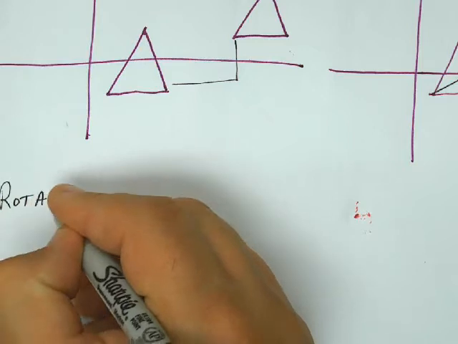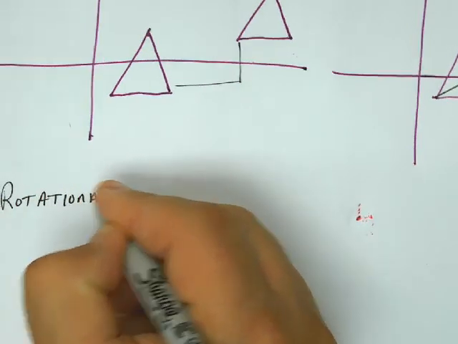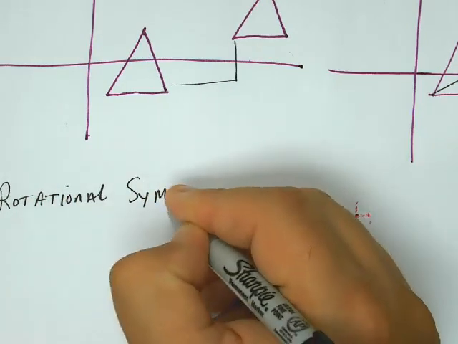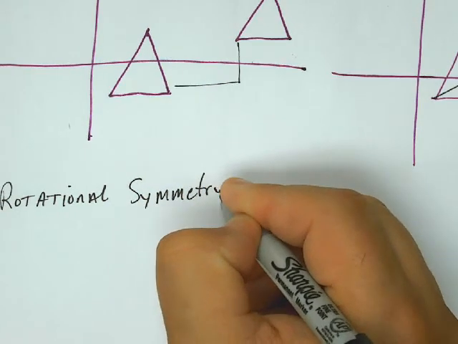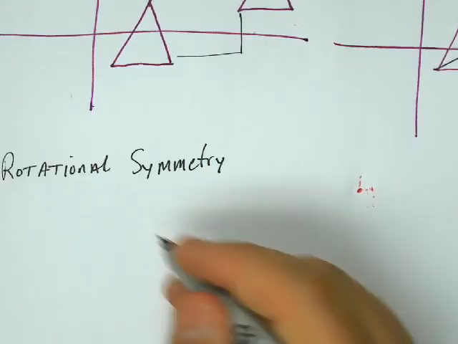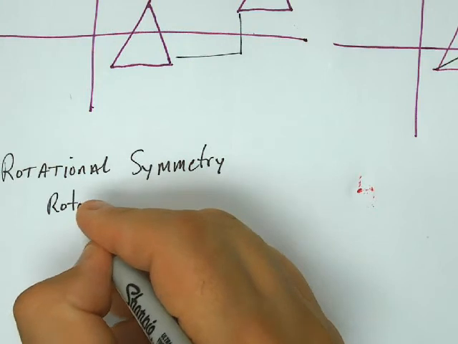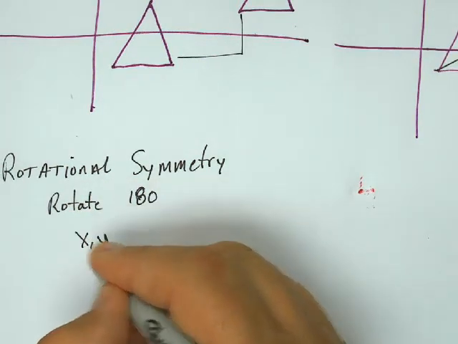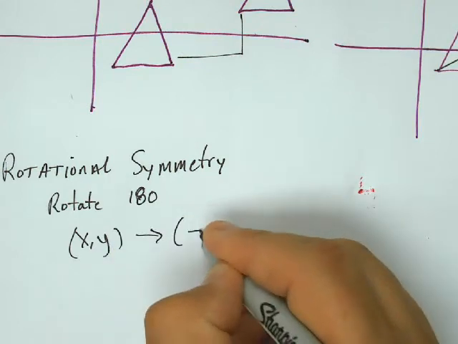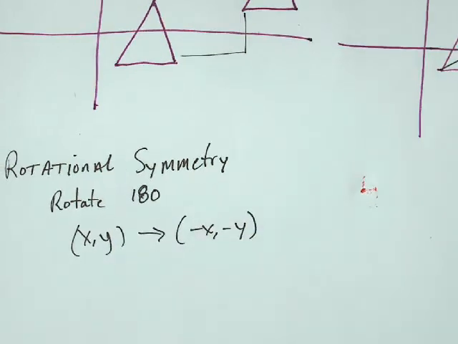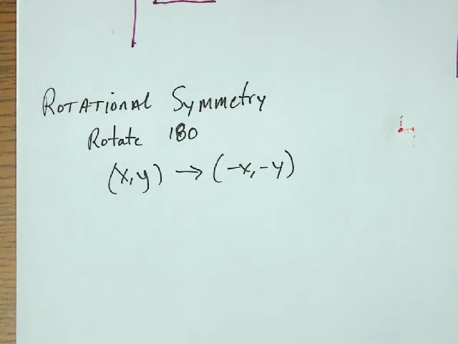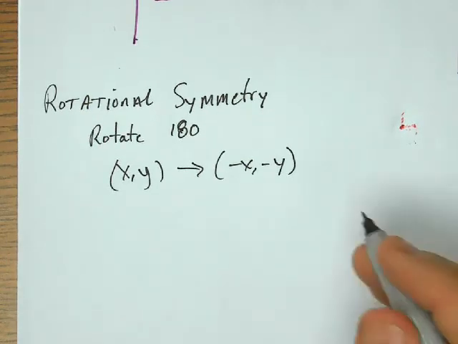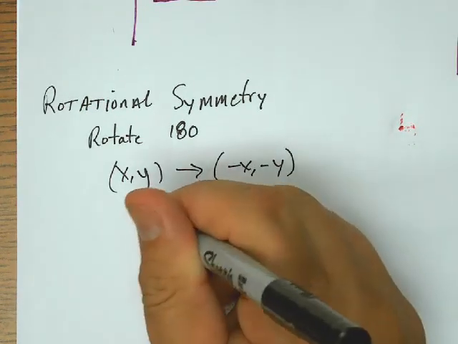Rotational symmetry. Remember that if we rotate something 180 degrees, the rule for a 180-degree rotation is negative x, negative y. So a picture, like the IU symbol.